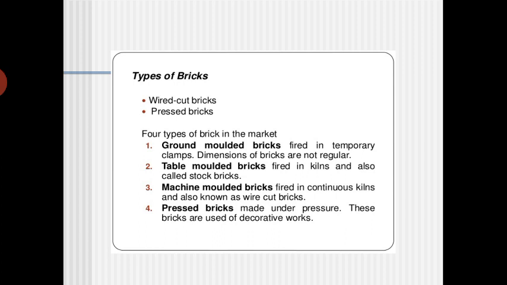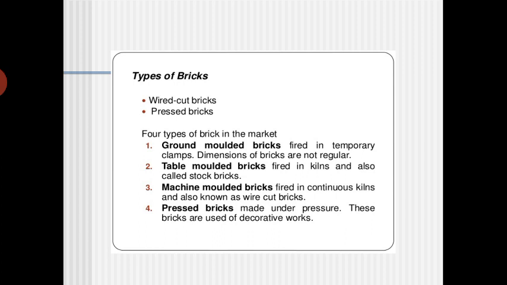Again, I already said that in general we classify into two types, but based on availability in the market, we classify the bricks into four types: ground molded bricks, table molded bricks, machine molded bricks and pressed bricks.